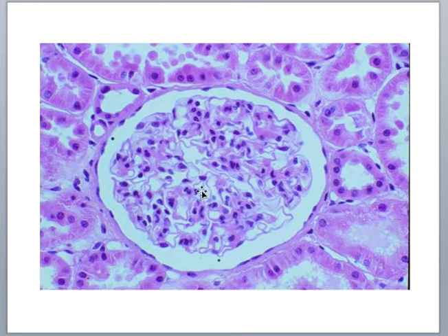So if I have the pointer in this tuft of capillaries, you can tell me glomerulus, just fine. If I have the pointer in the space, you would tell me Bowman's space. If I asked, what collects here, you would tell me filtrate. And of course, all of this is coming from the organ, the kidney.